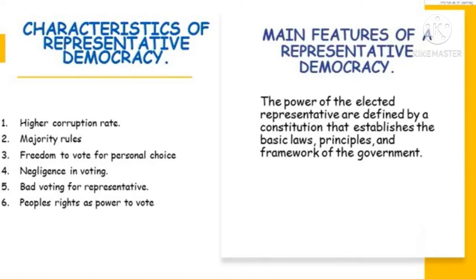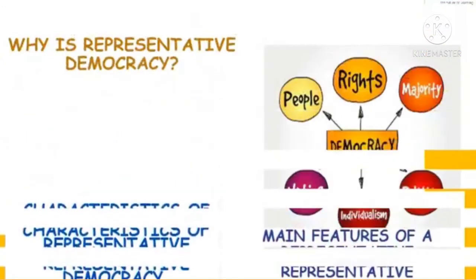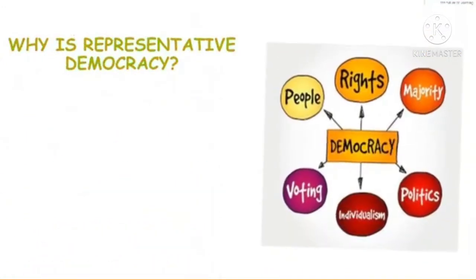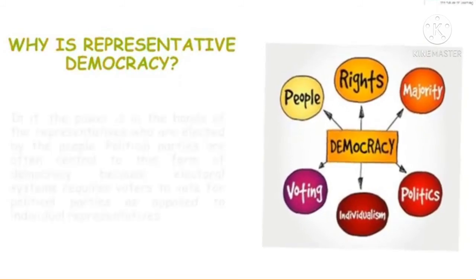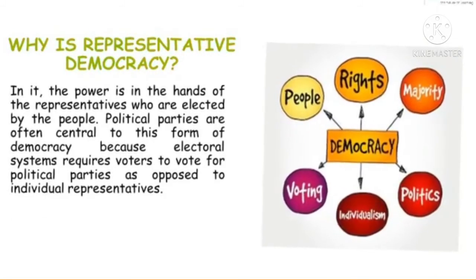So let's look at the main features. They are almost the same thing. The powers of the elected representatives are defined by a constitution that establishes the basic laws, principles, and framework of the government. Whoever is representing any region goes there to represent the biddings of the people who sent them.